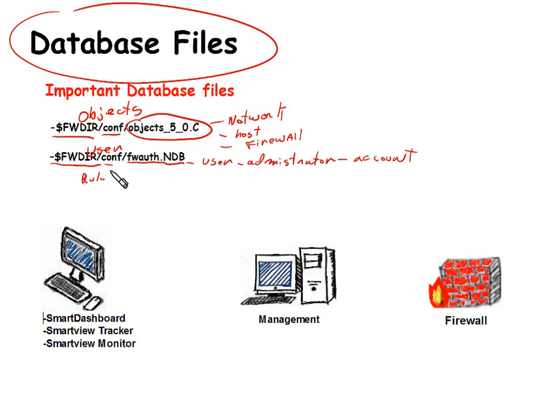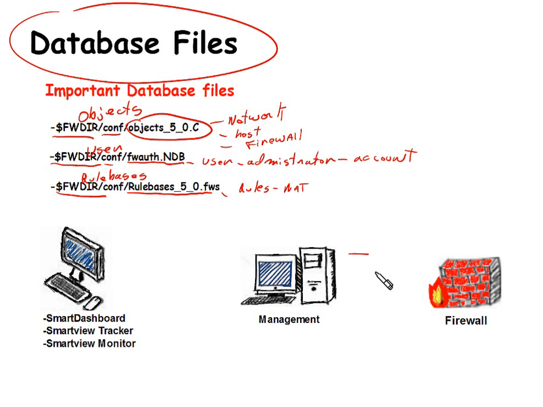The rulebase database file is stored in a file called rulebases_5_0.fws. Again, it's in the $FWDIR/conf directory, and this rulebase is where you store all your rules, or your access lists, or your NAT configurations, all stored in rulebases_5_0.fws. And this database is stored on the management station.